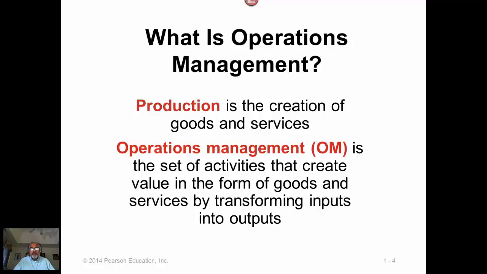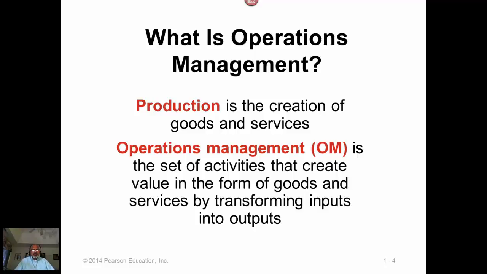So we'll start with a brief definition of what production, or sometimes called operations management, is all about. Operations management is a set of activities that create value in the form of goods and services, taking a set of inputs and transforming those inputs into output.